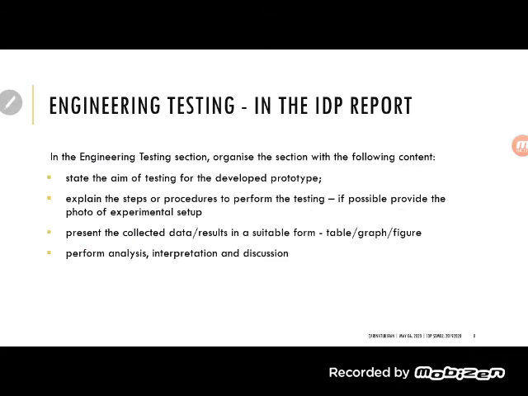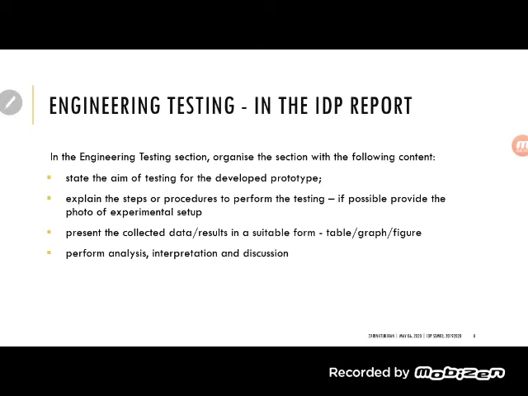Okay, so I suggest you organize the engineering testing section with the following content. First, you state the aim of testing for the developed prototype. Second, explain the design of experiments or step-by-step procedures to perform the testing.